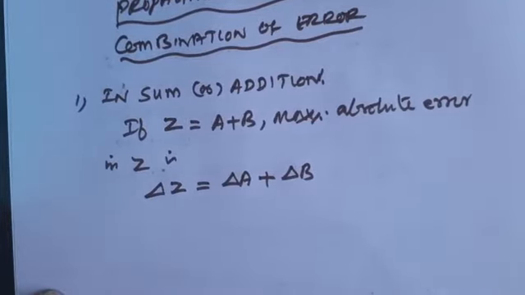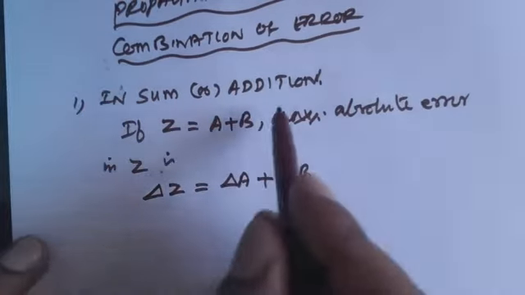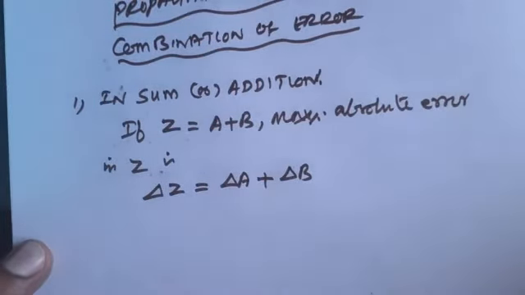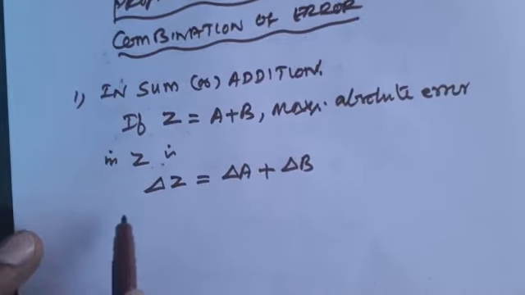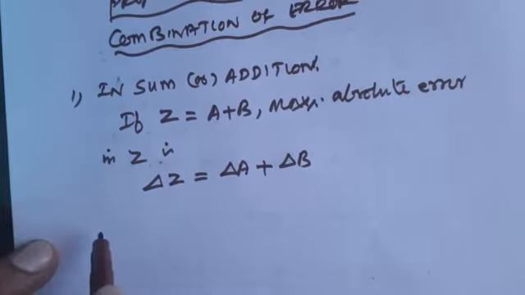Let me give you one simple illustration in summing or addition. Now we are supposed to find the total resistance of two resistances which are connected in series, with its error measurement.